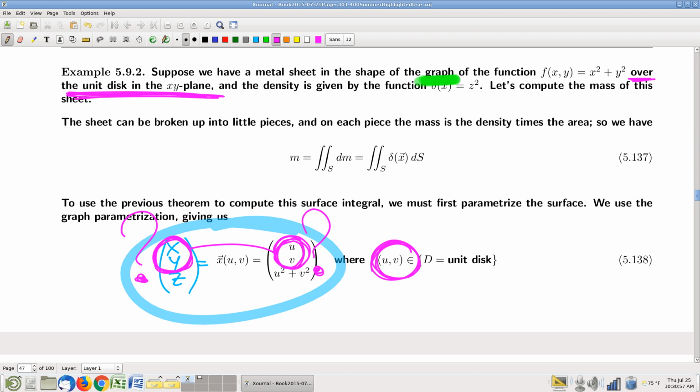And so because we're over the unit disk in the XY plane, X and Y range over the unit disk, therefore U and V range over the unit disk. And of course that's the unit disk in the UV plane. Everybody follow that reasoning there? That's another really nice thing about the graph parameterization, is you can kind of just read the domain straight off of the statement of the question, making the appropriate connections.